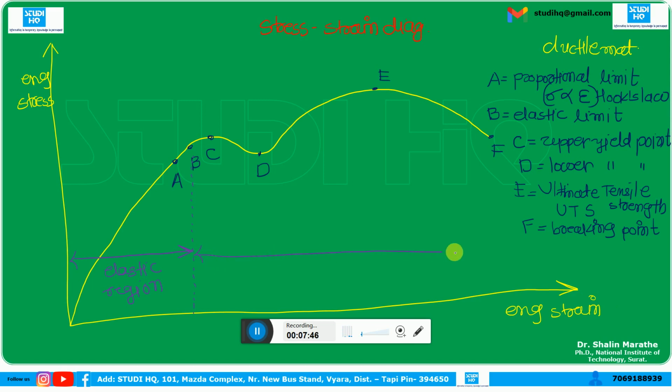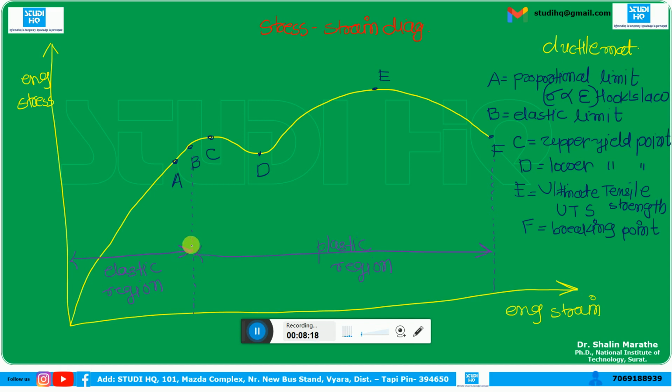Up to point F, this region is known as plastic region, because after B the plastic deformation of the material starts. So this is the plastic region of the material, and up to B, that is the elastic region of the material.